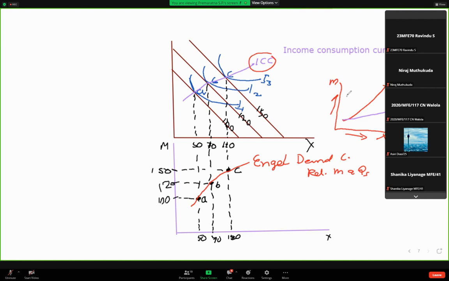If you get a negative slope Engel demand curve, we consider it an inferior good. We already discussed those things, and we will see later on how we use indifference curve analysis to derive those Engel curves for different goods.